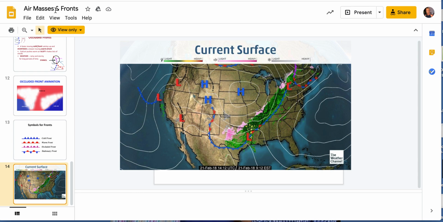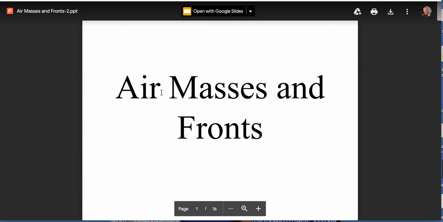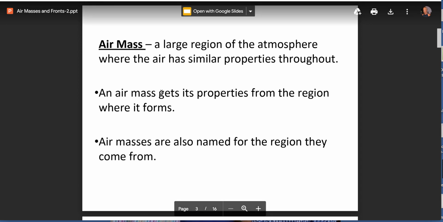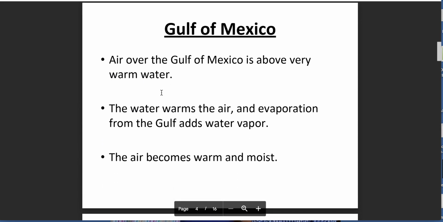All right, and then I also want to pull up this PowerPoint. Okay. Again, like we said, an air mass is a large region of the atmosphere where it has those similar properties, wherever it was formed, and they're named by where they came from, like we already talked about.